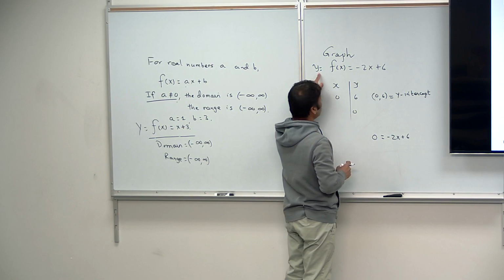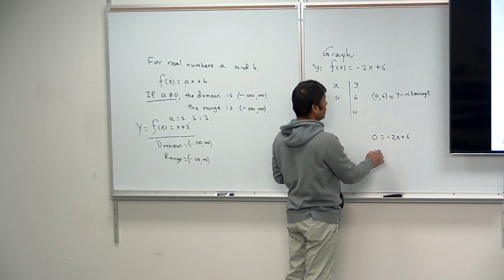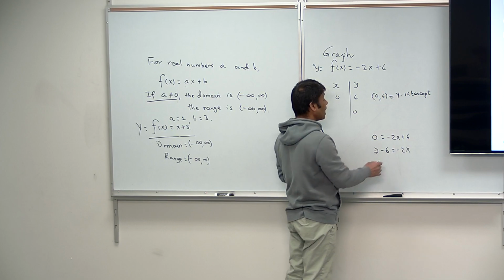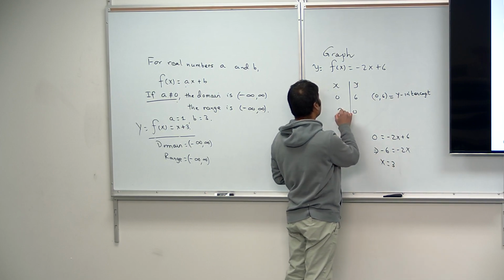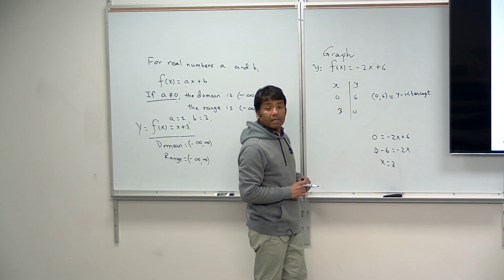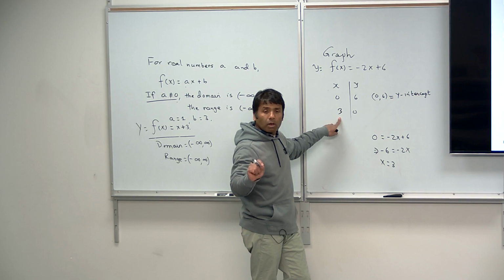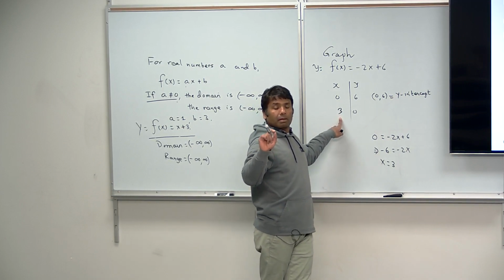Now you subtract 6 from both sides. That will give you negative 6 equal to negative 2x. Are you guys with me? And then you divide both sides by negative 2. That will give you x equal to 3. So this is the x-intercept.